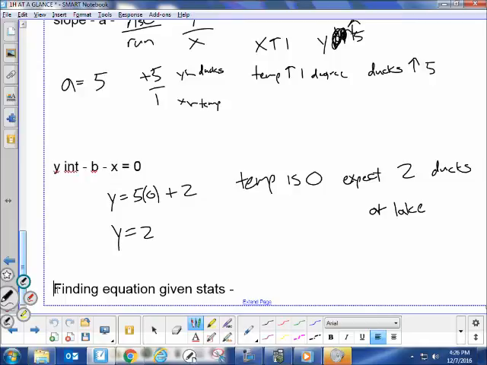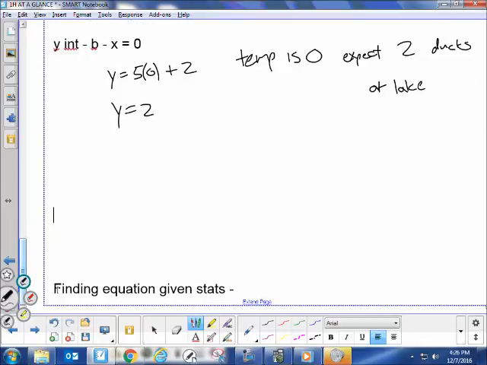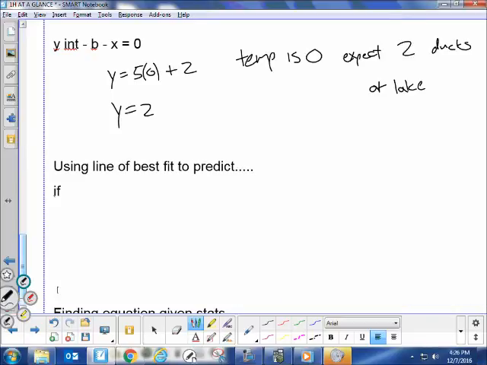Okay, it's important to know that you can use your line of best fit to predict. So I can say, if the temperature is 40 degrees, how many ducks can we expect?